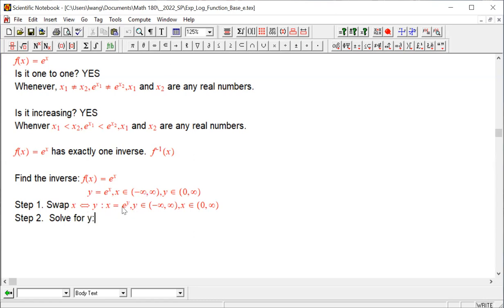How do we solve for y from here? This is the place where we can apply the definition of logarithm. The definition of logarithm gives us y equals log base e of x.